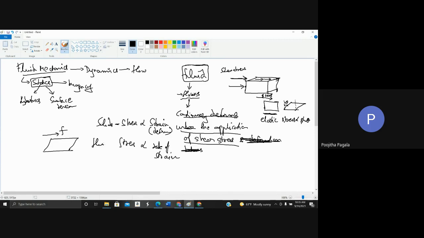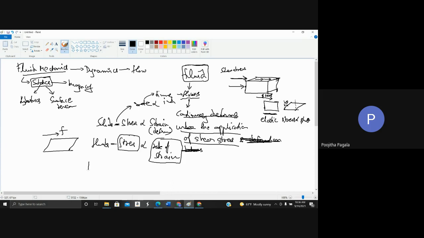This means it depends not only on how much stress you're applying, but also the rate at which the strain takes place. Whereas in case of solids, there is no rate. So this is basically time independent. But in fluids, since you have the rate of strain, it becomes dependent on time.